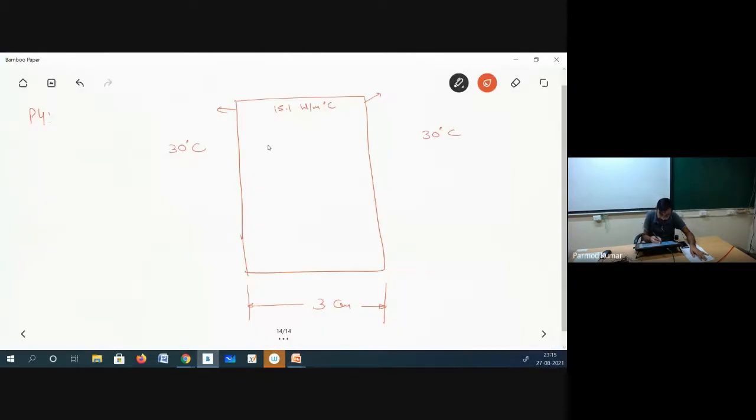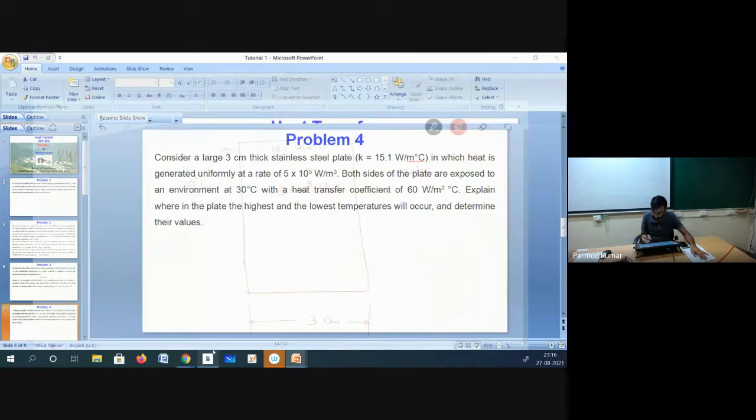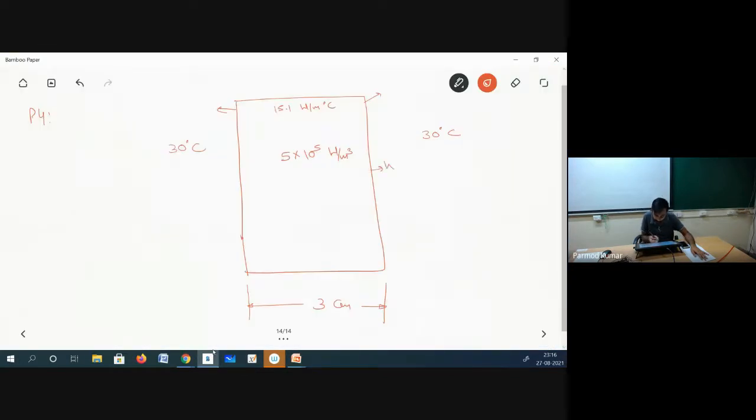Okay. So it means every portion of the plate is generating heat, and that heat generation rate is 5 into 10 to power 5 watt per meter cube. And we have the convective heat transfer coefficient. So over here and over here, the h value is given as 60 watt per meter square degree Celsius.